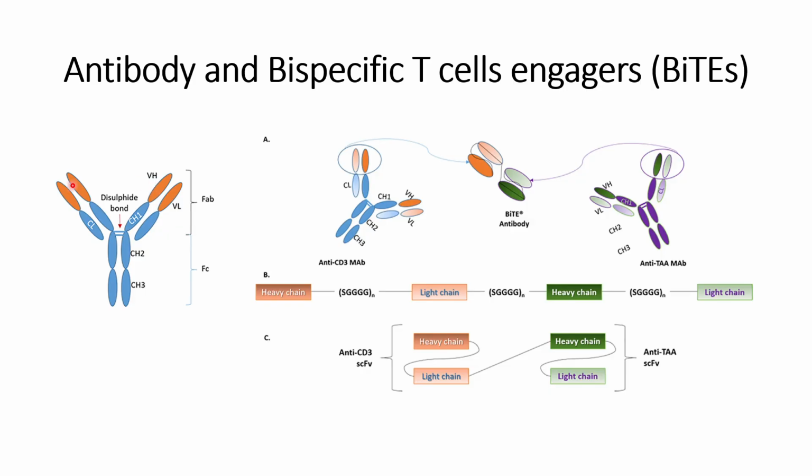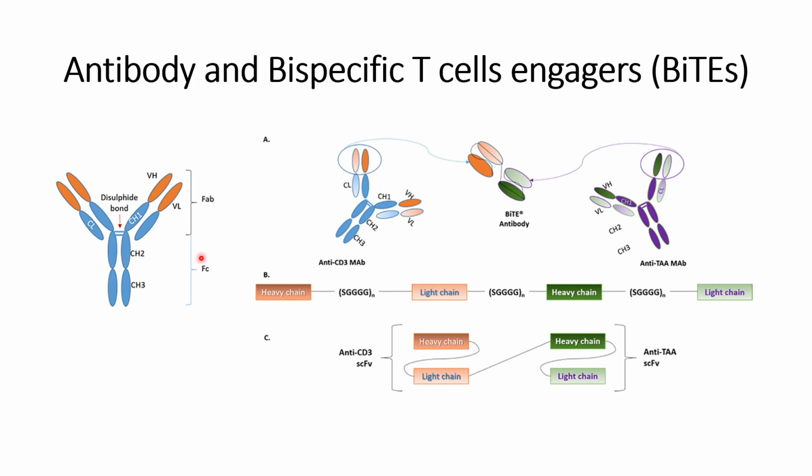Variable heavy chain and light chain are on one side, and the same is also on the other side, with the constant heavy chain and the constant light chain, and these two are connected by a disulfide bond.